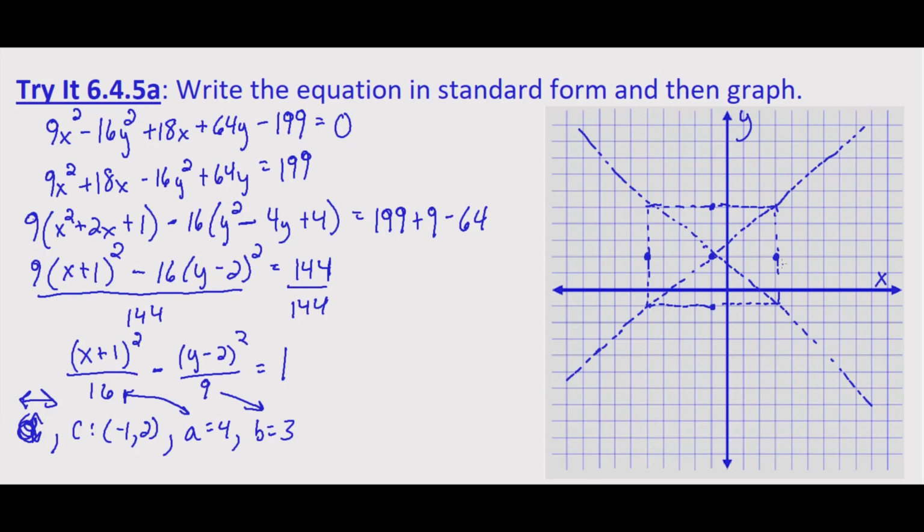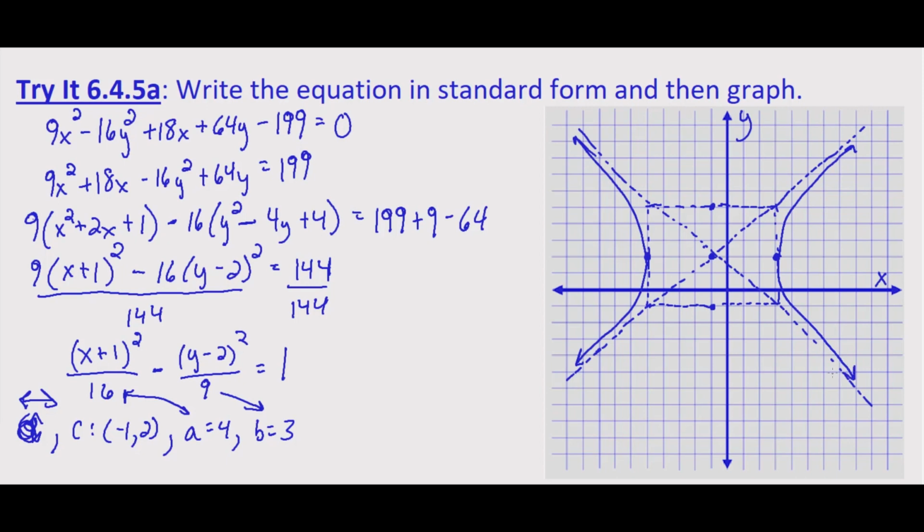We know it opens left and right, so therefore we can start with our vertex on the left. Draw in the curve that represents the hyperbola approaching the asymptotes infinitely. Same thing on the right-hand side, start with our vertex and then draw in the curve approaching our asymptotes infinitely.